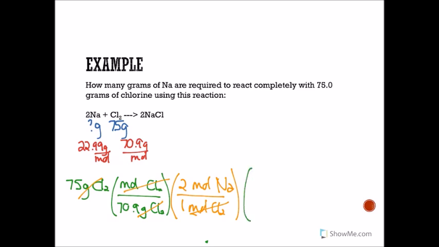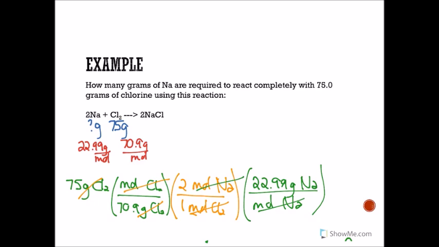And now that we've converted to moles, we need to convert to whatever units we're looking for, and we're looking for grams of sodium. In order to convert from moles to grams, we need to use molar mass. We use that 22.99 grams of sodium over moles of sodium, and then our moles of sodium cancel off.